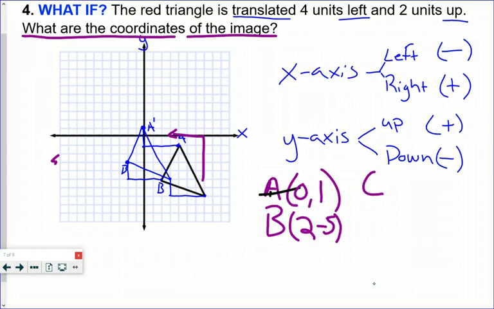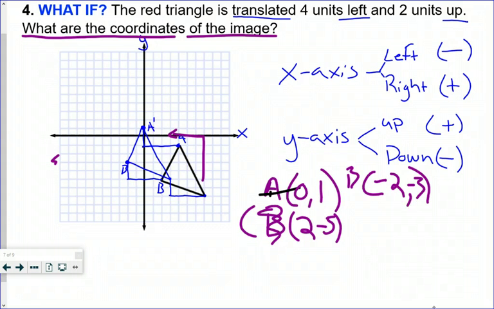I actually made the mistake on that. That would actually be C. Our point B then would be at negative 2 and negative 3. And this will be our new B here. So that would be our written point of our new coordinates.